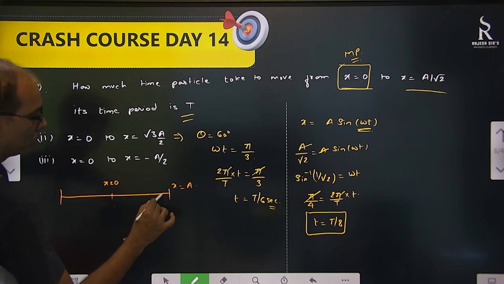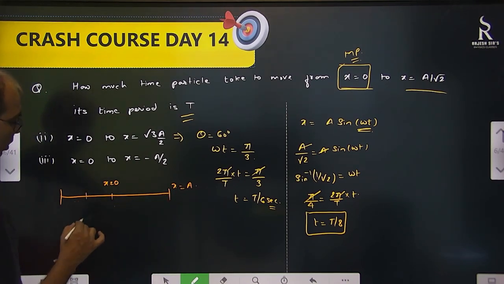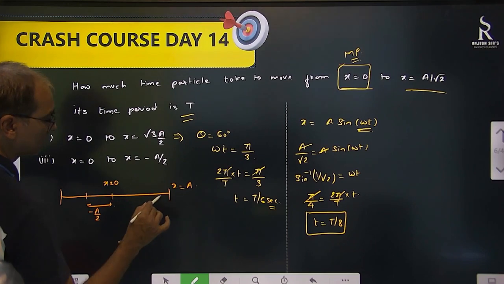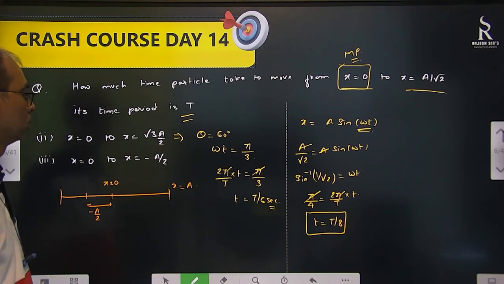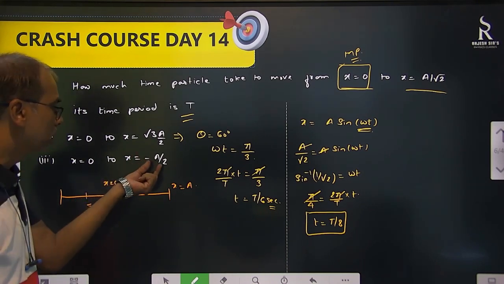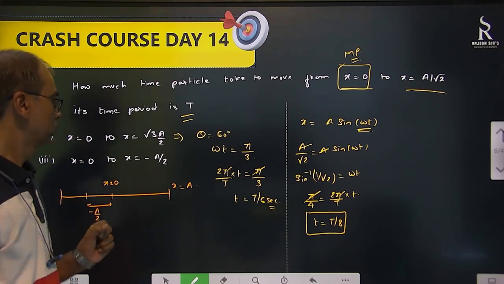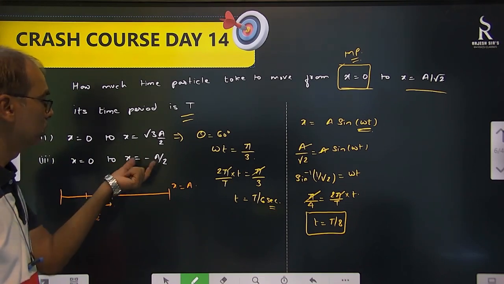So from x equal to 0 you went like this, then came back to x equal to 0, now you are going this side, and this is minus a by 2. So it went like this, came back like this, and then like this. So how much angle does it have to move? This is sin theta's value is minus 1 by 2, because x is always a sin theta. So this is minus a by 2.